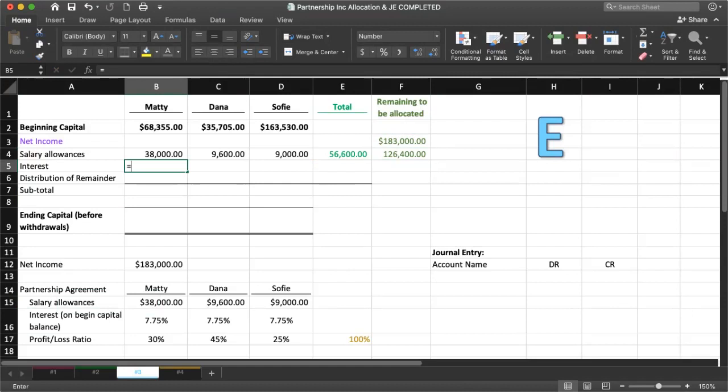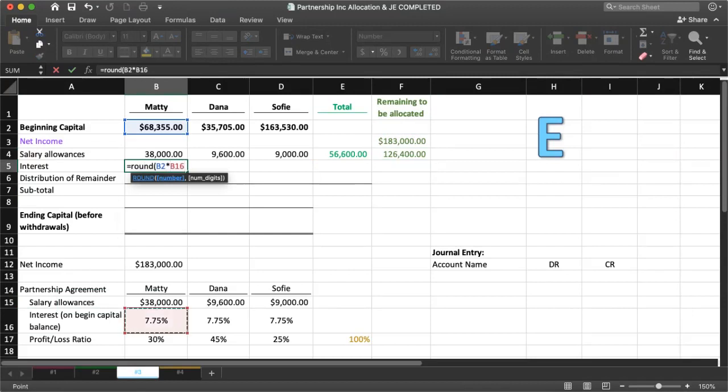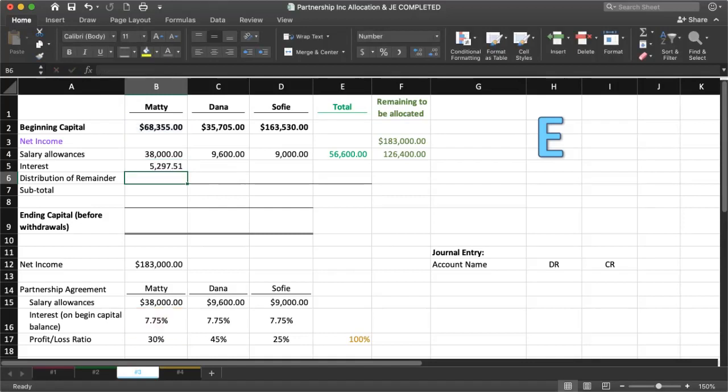And the interest, I'm going to use the rounding function here because I want it to round to the nearest penny. The interest is based upon the beginning capital balance and that interest, which is 7.75%. And I just want to round it to 2 decimal places. That is to the nearest penny. All right, so Maddie would have been allocated interest of $5,297.51.